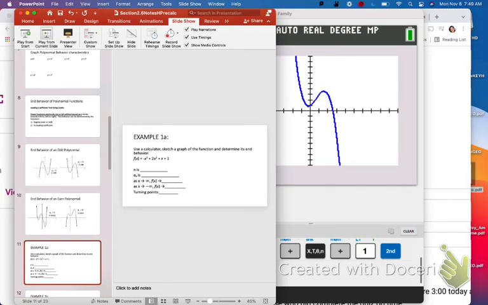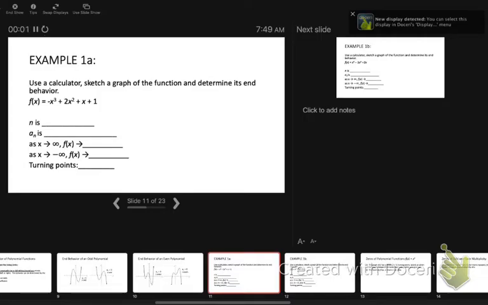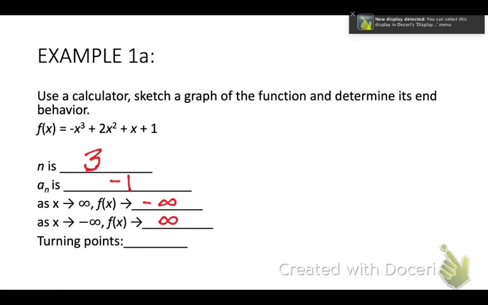And that is there for a specific purpose. There's a rule that says you can have at most, I'm just going to do a little sidebar here, n minus 1 turning points.